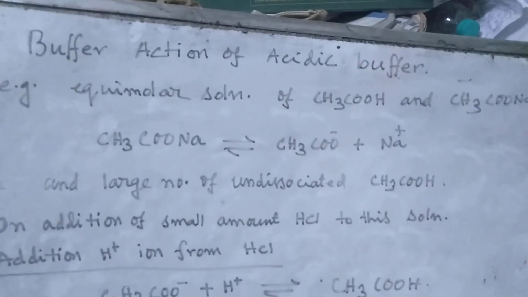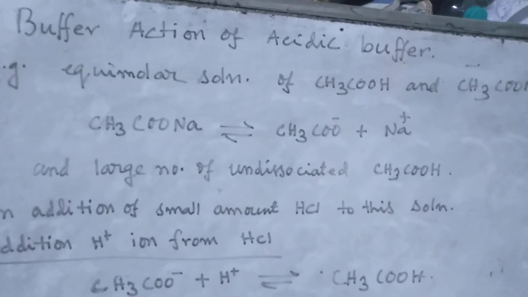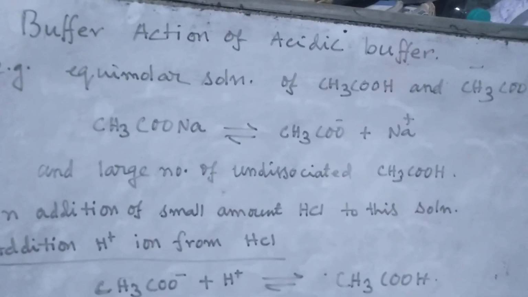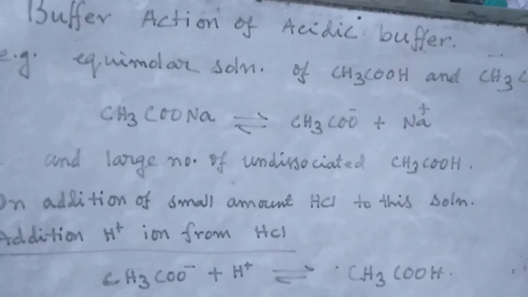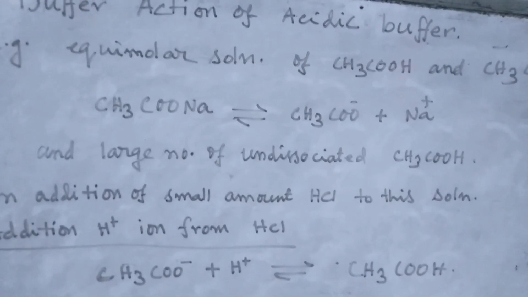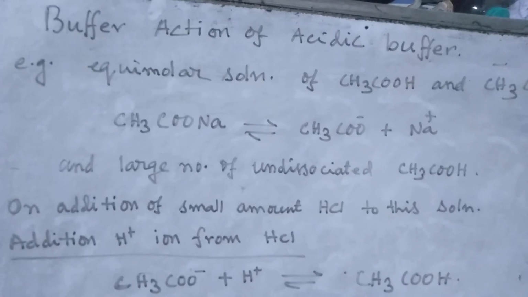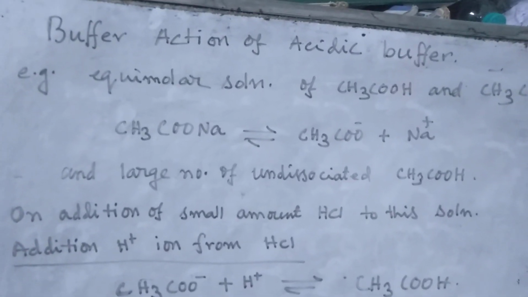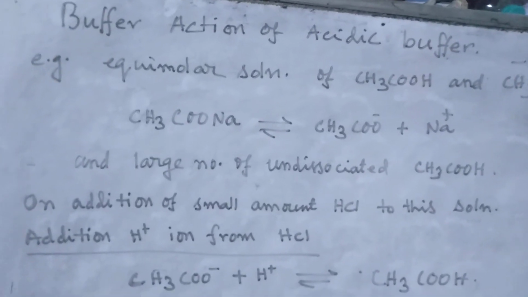Now in this solution, almost all the sodium acetate is dissociated into acetate and Na+ ions. So the solution contains a large amount of acetate ion and Na+ ion, and also a large amount of undissociated acetic acid, because acetic acid is a weak acid and dissociates to a very small extent.